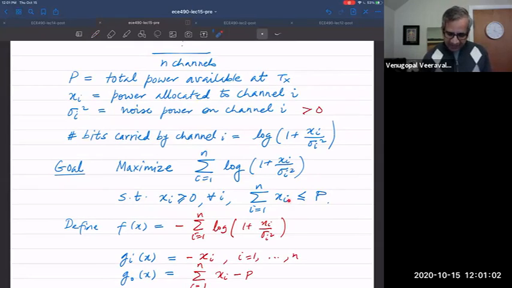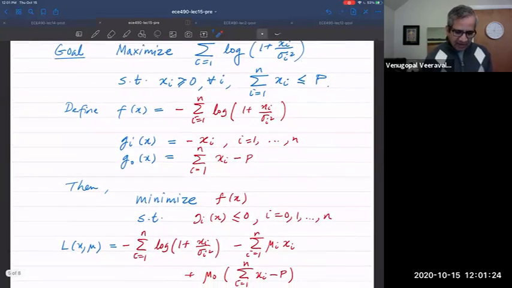So if I left some gap in this constraint, I could fill up the gap by increasing one of those xi's and making the value of the function larger. So I shouldn't be leaving a gap if I want to maximize. Make sense? Okay, so that's why that constraint being active makes sense.